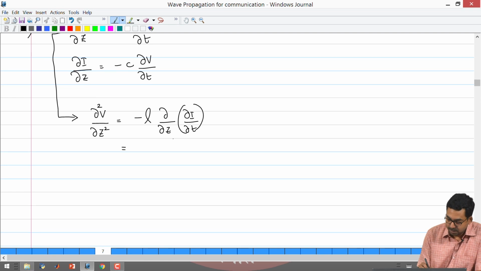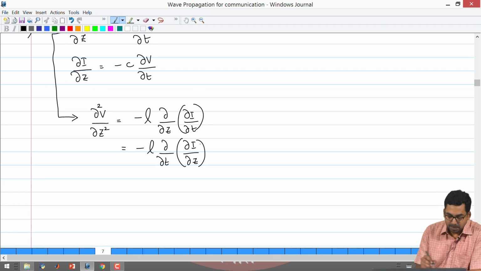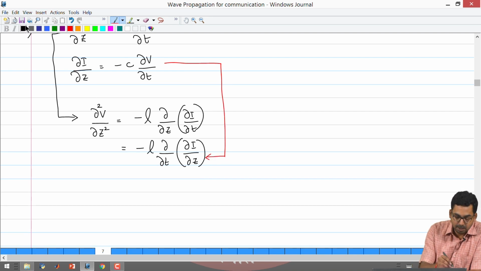Here, since z and t are independent variables, we could switch the order in which we are taking the derivatives, right. So, we could go ahead and do ∂/∂t of ∂I/∂z, and ∂I/∂z is coming from the second equation, and it can be plugged in to this equation over here, right.